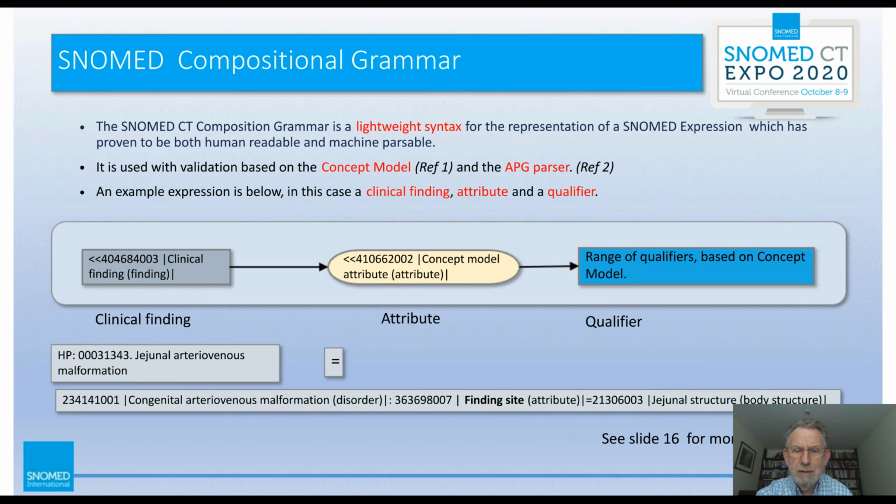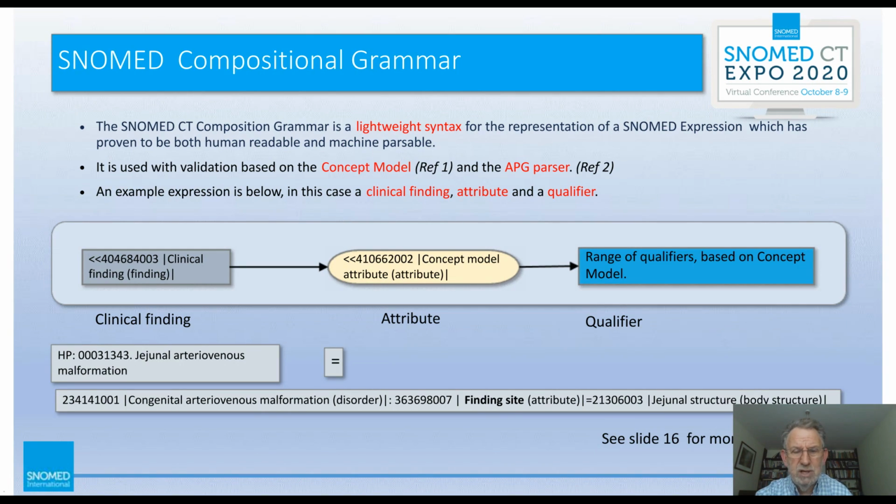Okay, SNOMED CT compositional grammar is a lightweight syntax for the representation of a SNOMED expression. It's both human readable and machine parsable. It is governed by the concept model, which defines the structure, and the ABNF parser, which defines the grammar. And there's a link to the SNOMED International website where you can check individual expressions.